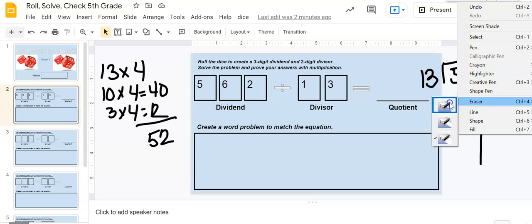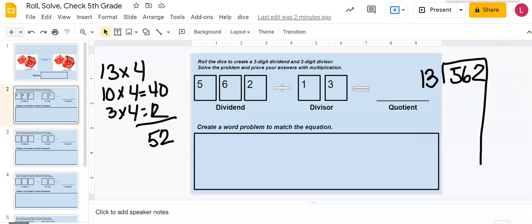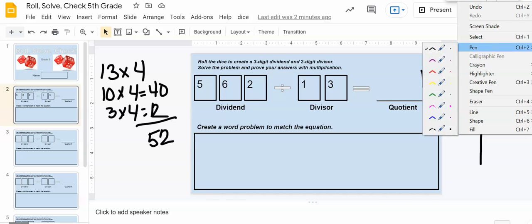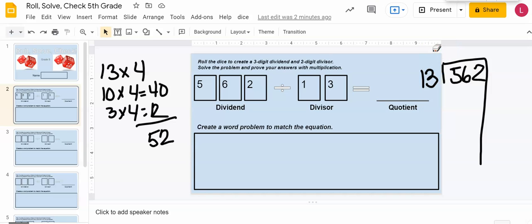Okay, I know that will work. Instead of 13 times 4, I'm going to do 13 times 40, because that's going to be 520. Okay, I'm going to subtract.